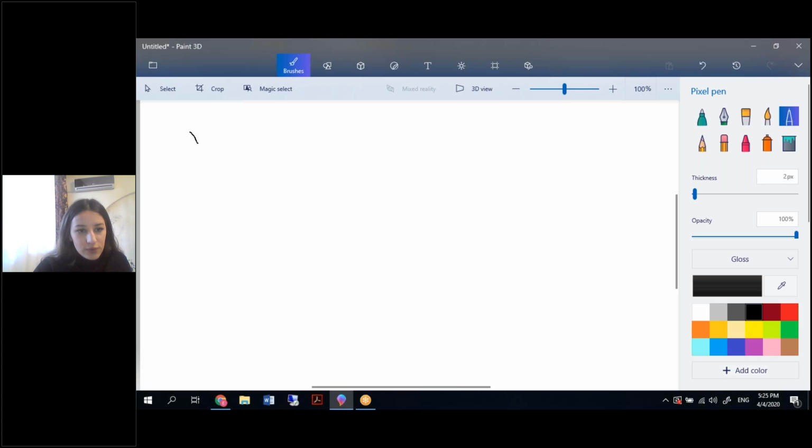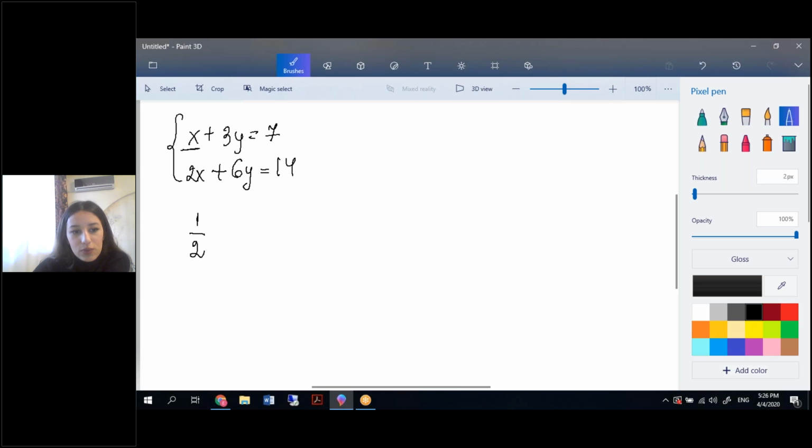We have simultaneous equations like x plus 3y equals 7 and 2x plus 6y equals 14. Now we can see that we have two equations, and if next to x we have no number, it means that our coefficient is 1.